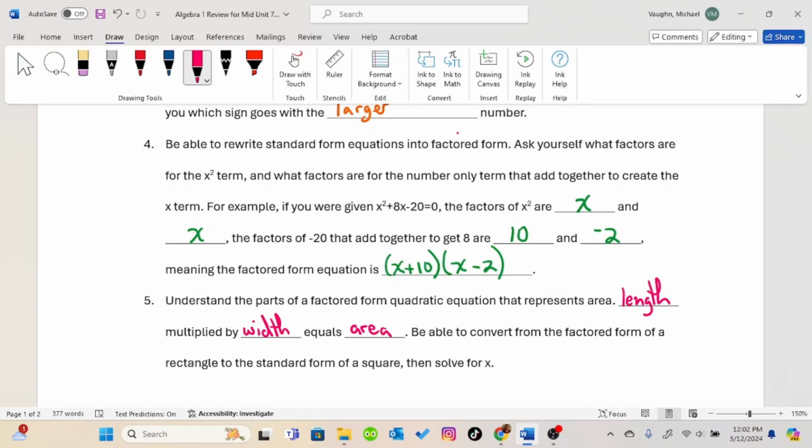Be able to convert from the factored form of a rectangle to the standard form of a square, then solve for x. If you have any questions about this concept, please use class time to ask for further clarification before the mid-unit test on Thursday.